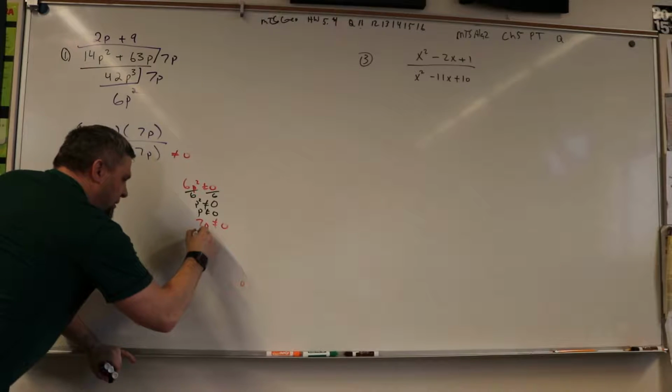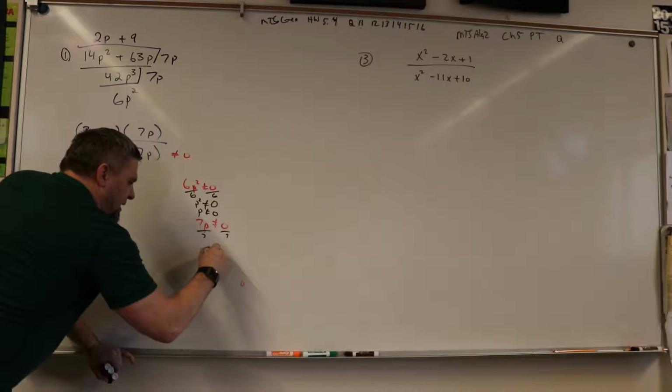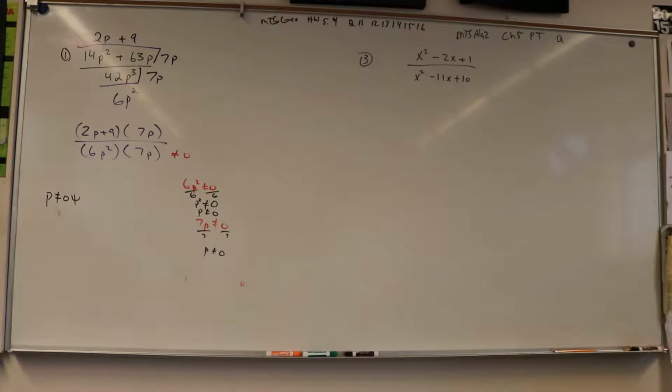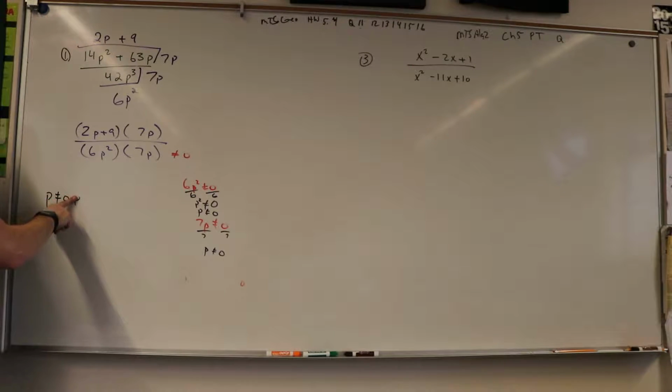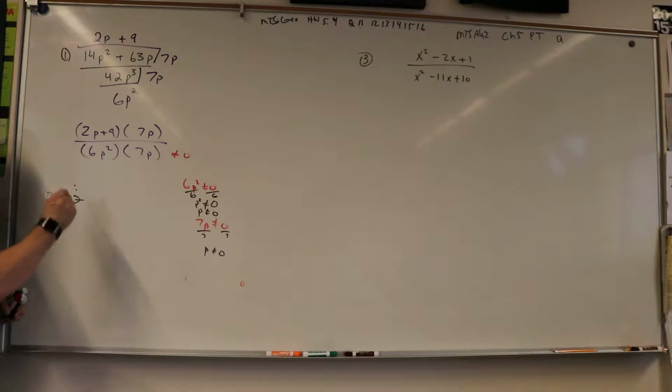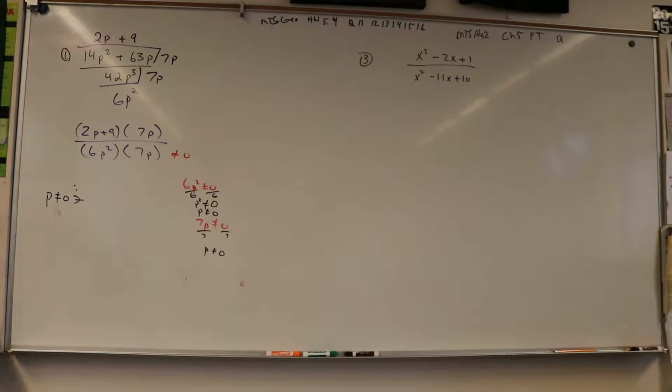So basically, we're going to say that p cannot be 0. And then you could say whereas, or such that, it's really up to you. There are 2 different such that's, and you'll see both of them in math books.